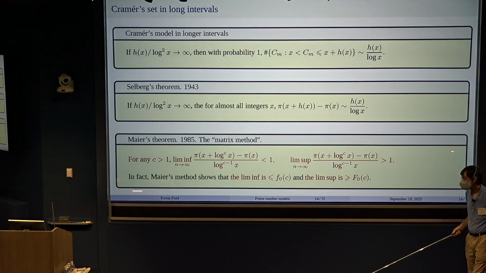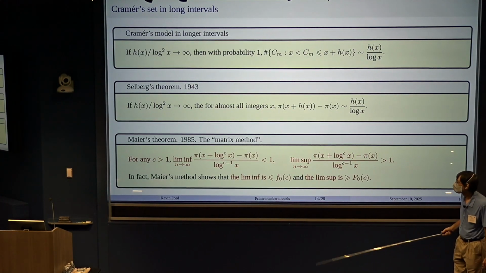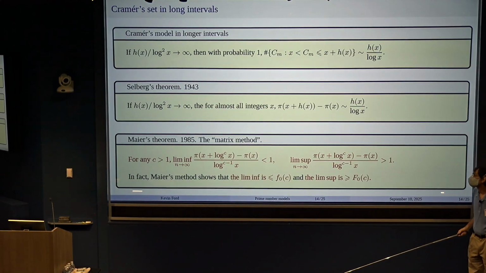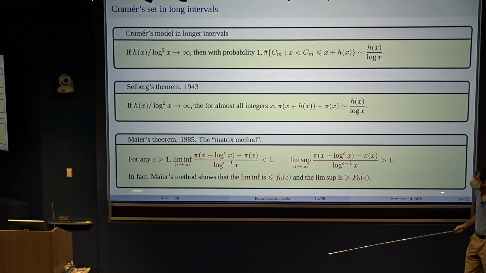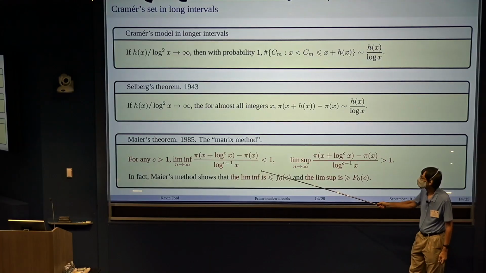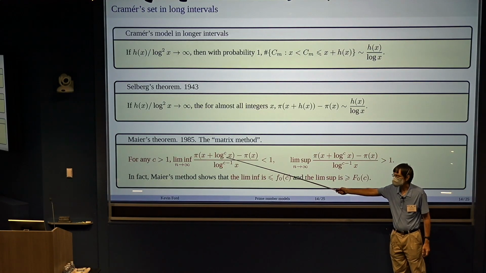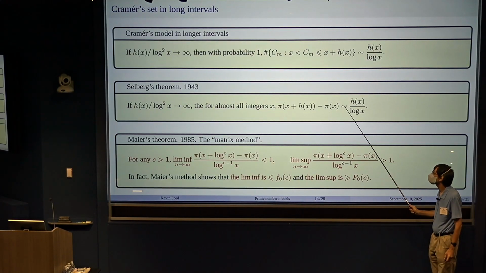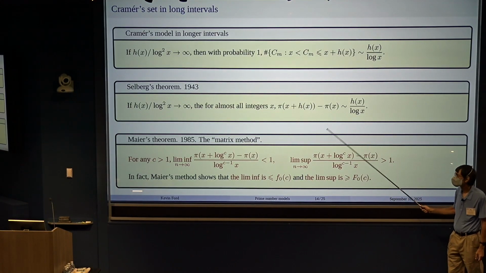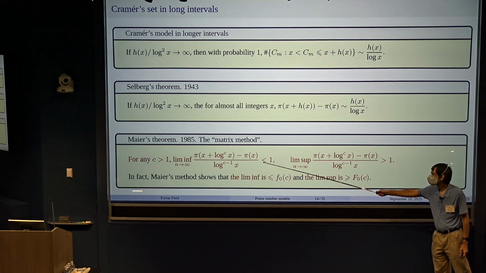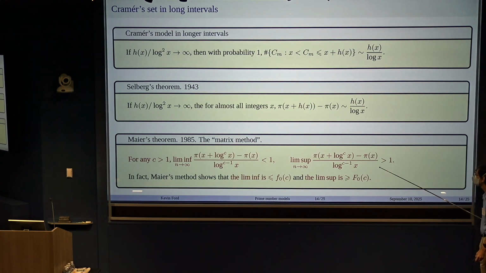Maier came along in 1985 and invented something called the matrix method, which shows that there are intervals, with the length being an arbitrary power of log, which do not satisfy this. In fact, the lim inf is less than 1, the lim sup is greater than 1.